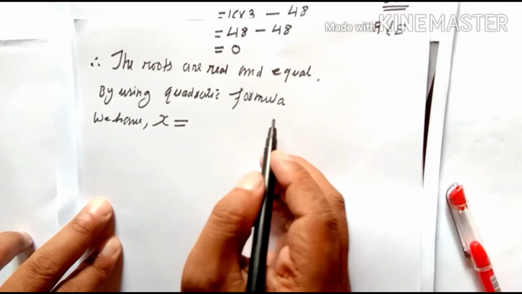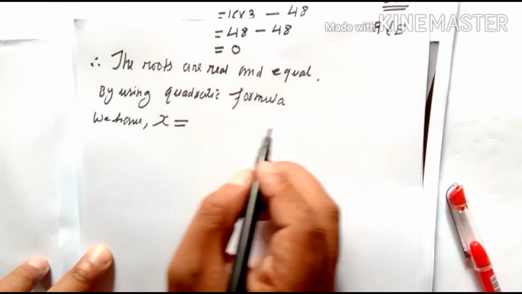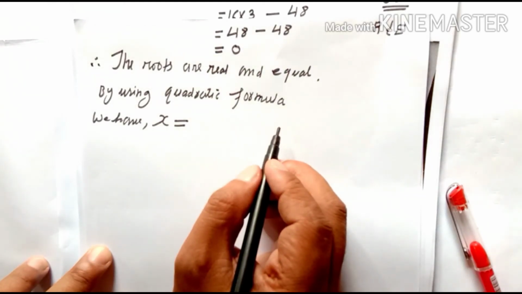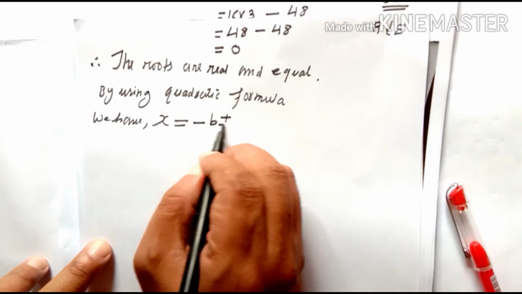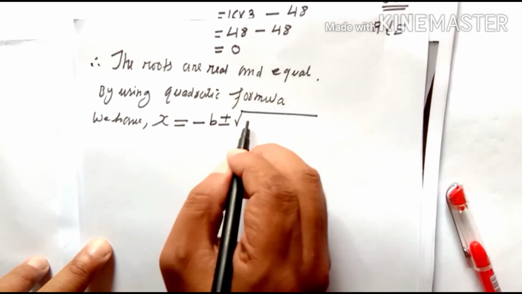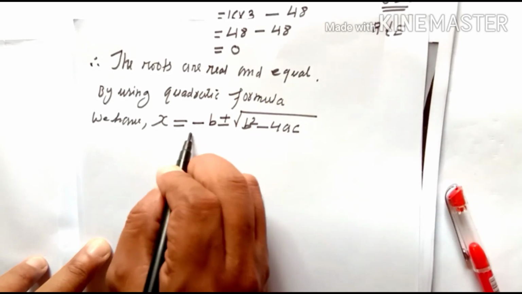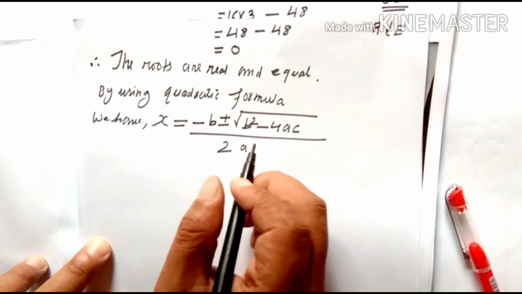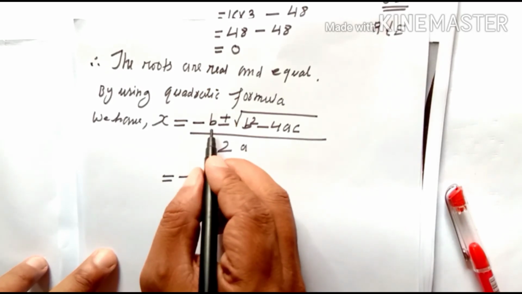By applying the quadratic formula, we have x equals, now recall the formula. Yes, that is minus b plus minus root of b square minus 4ac upon 2a, which equals minus. Now take the value of b.